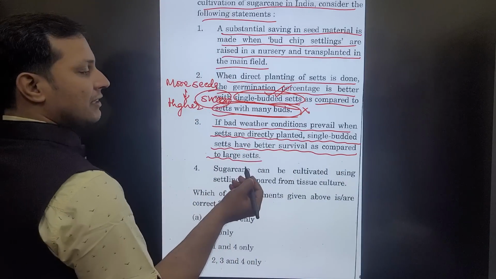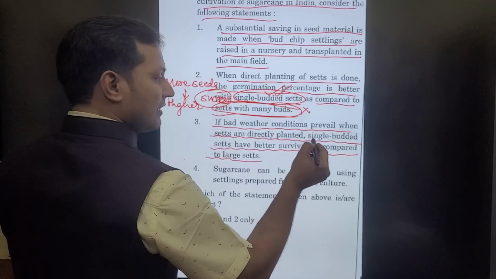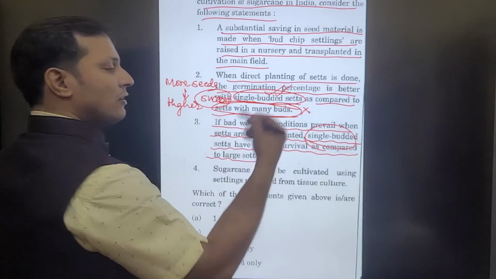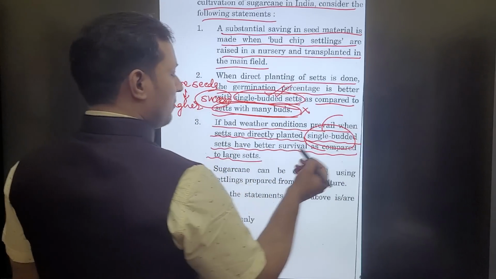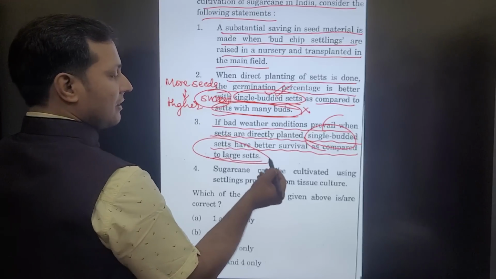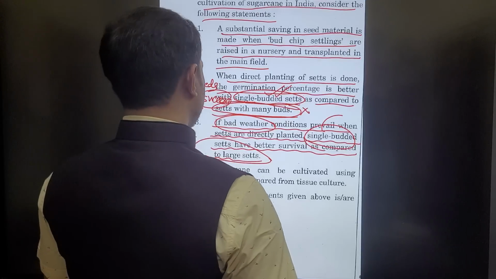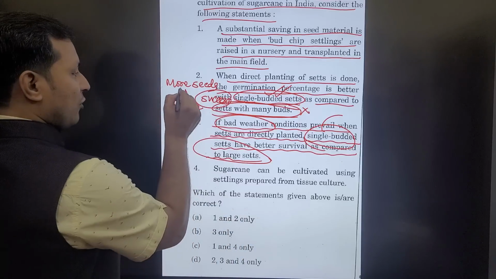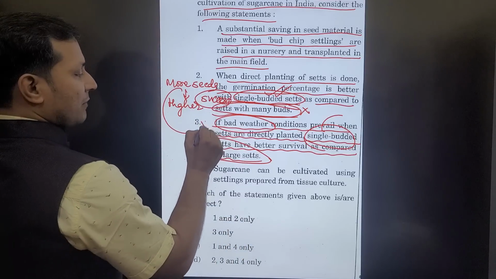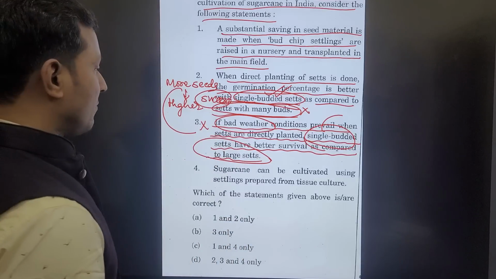Obviously this is incorrect because a single budded set might not have the chance of germination, but when we have large budded sets, even in bad weather we can have higher chances of success. The same logic applies here, and this statement is also incorrect.